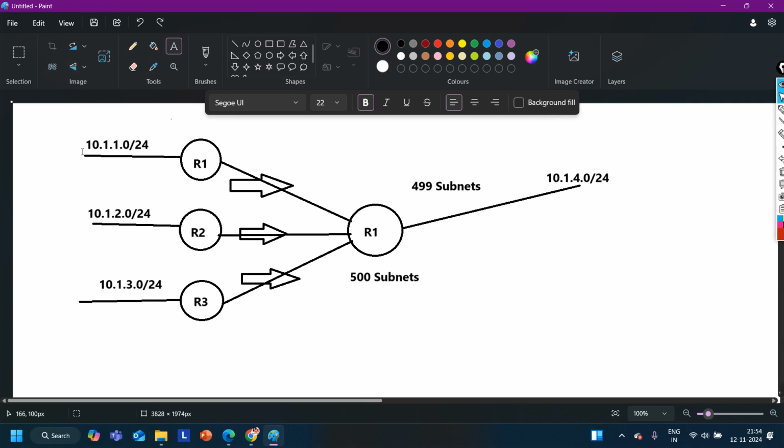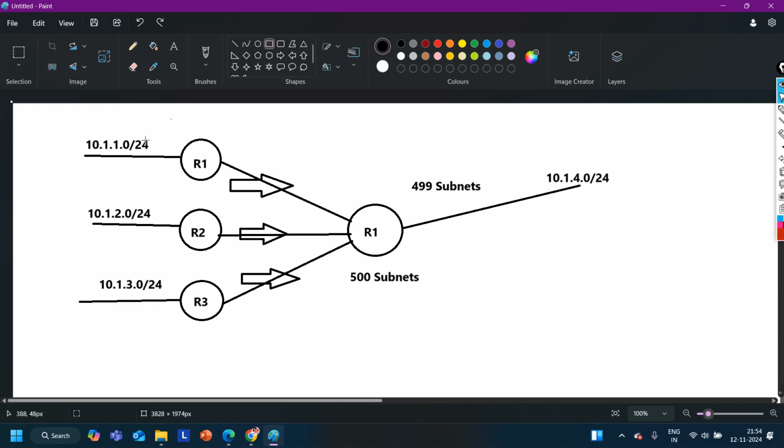So how do we perform the manual summarization? Guys, to perform the manual summarization, you need to convert the value of the IP address into bits. But which value? The octet where the value is changing. So you tell me, in which octet is the value changing here? Third octet.